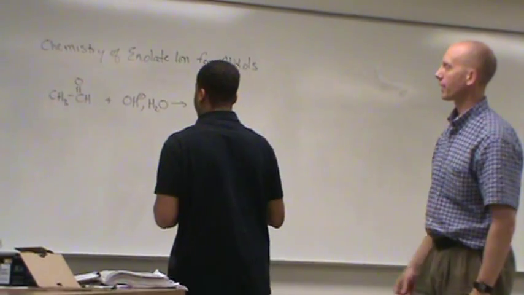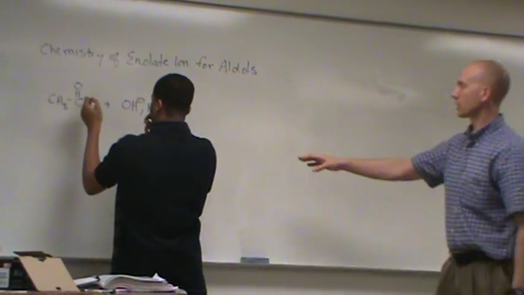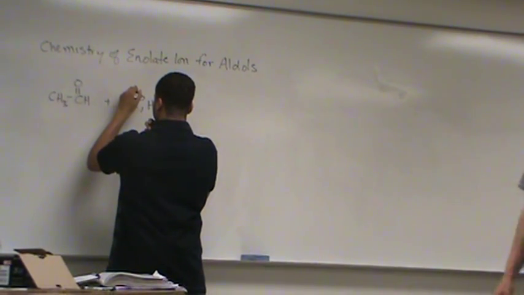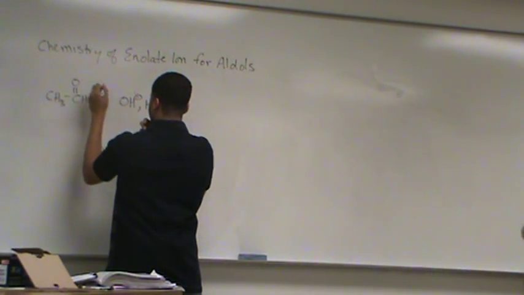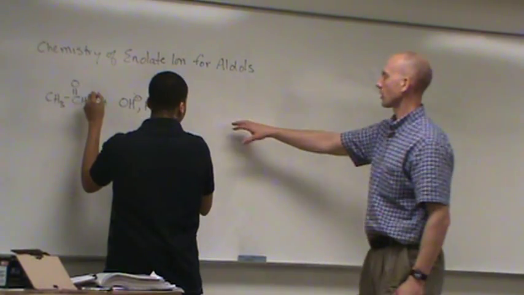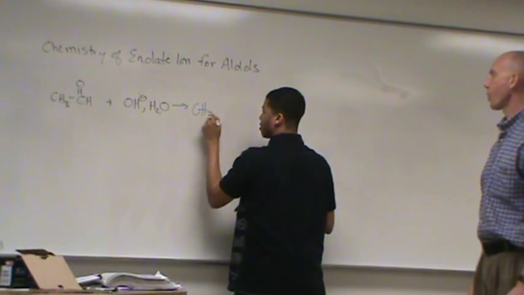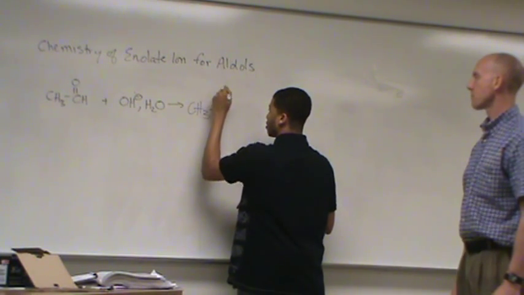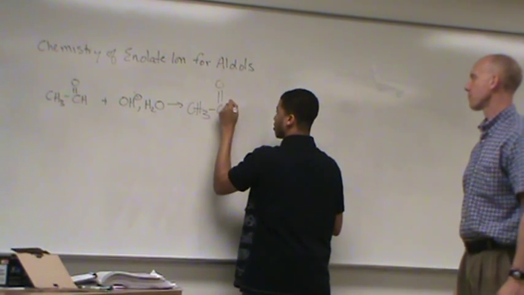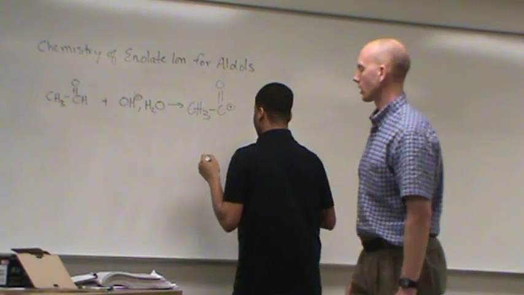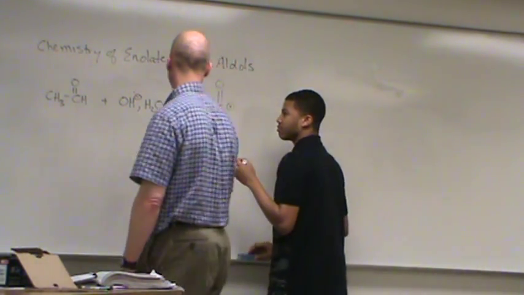Pull off the alpha hydrogen and draw the first structure here. You don't have to do the mechanism, just draw the enolate ion. So, what do you do in the enolate ion?